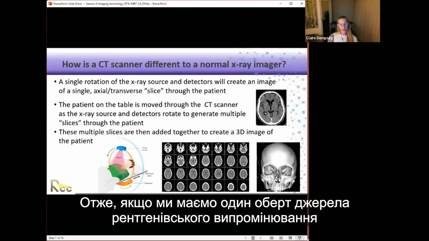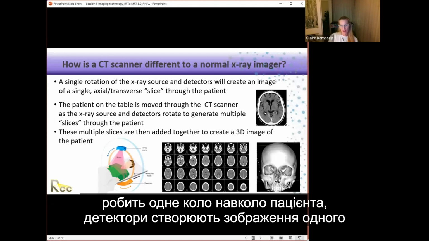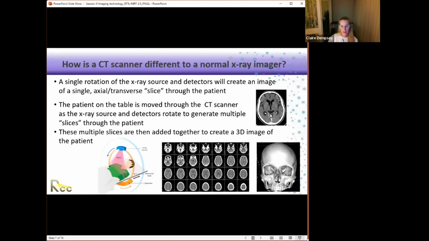If the X-ray source does a single lap around the patient, the detectors will create an image of a single axial slice through the patient. So you get an image a bit like this slice through the brain here.